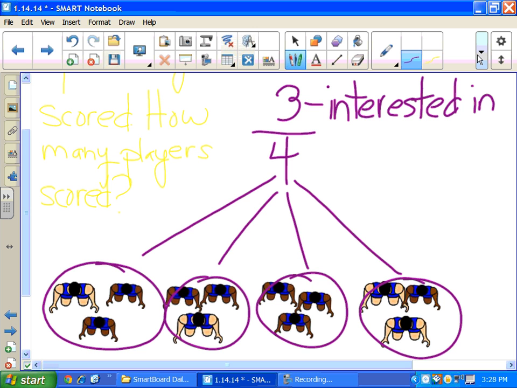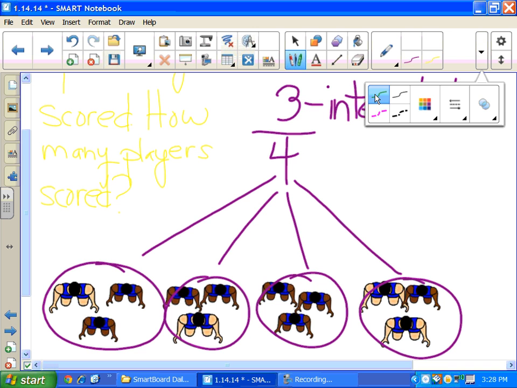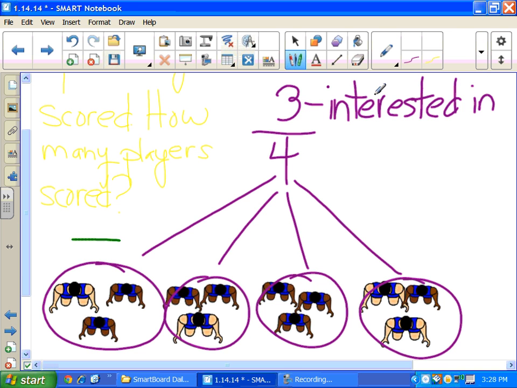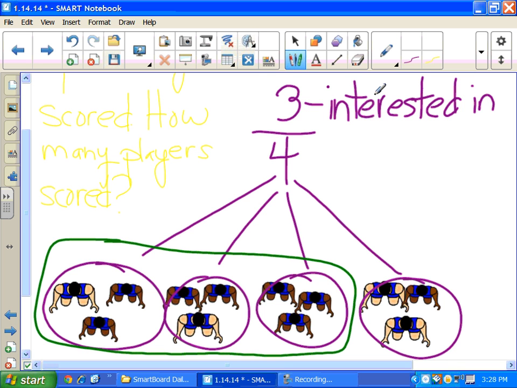So if I take those 3, and here, I'm outlining in green, those are 3 out of the 4 groups. So I would need to count all the players that are in those 3 groups. And I have 1, 2, 3, 4, 5, 6, 7, 8, 9. So therefore, how many players scored? If 3/4, 9 players scored.